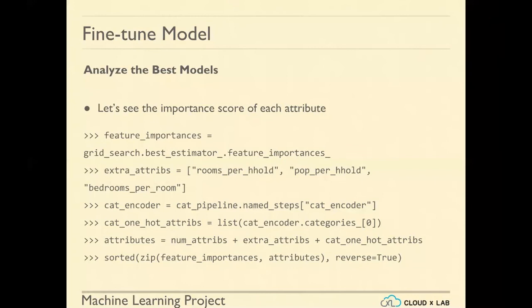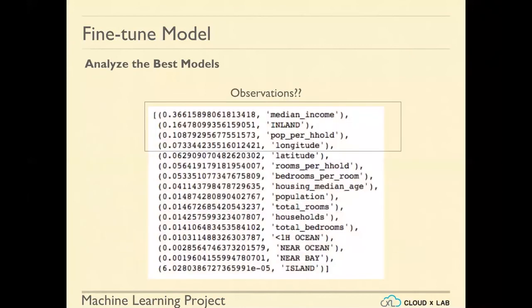So once we have trained the model, we can even extract the feature importances. You can see that after longitude and latitude, the accuracy seems to be good.